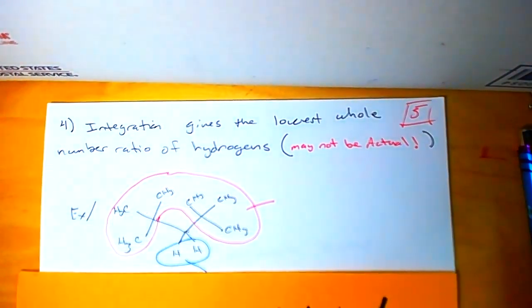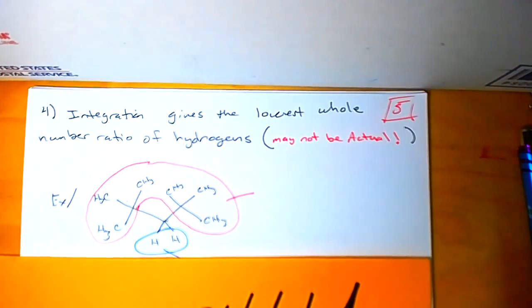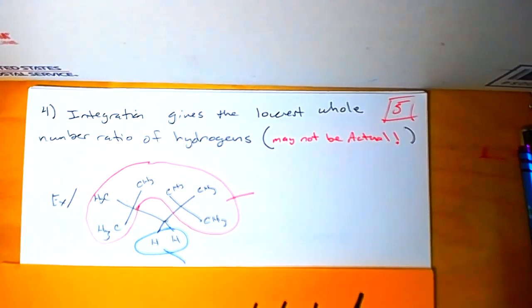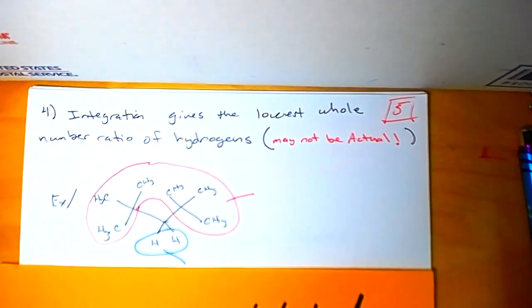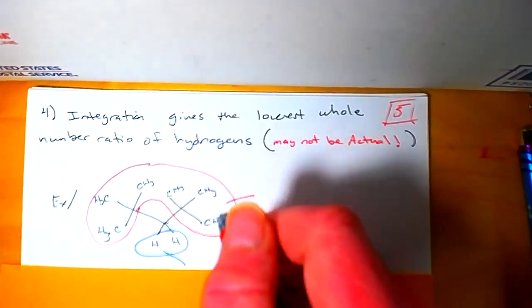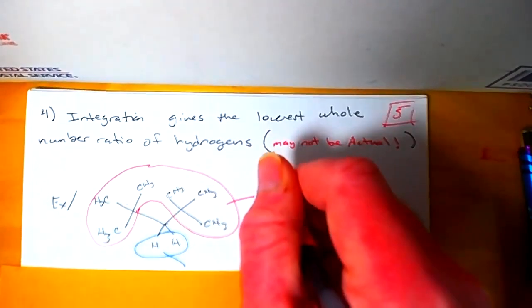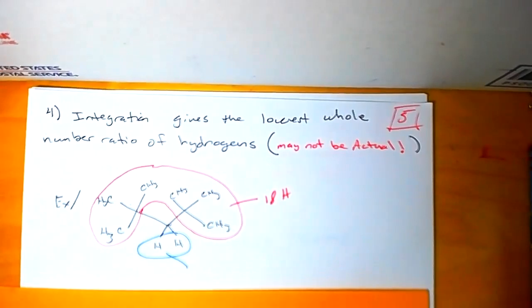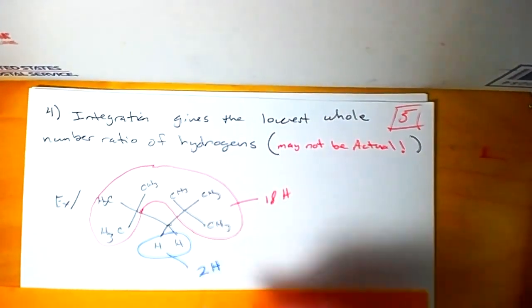So for instance, if you look at this guy right here, there are going to be 2 signals that you're going to observe. Both of those signals are going to be singlets because you're more than 3 sigma bond lengths away between the 2 sets of hydrogens. But your ratio of hydrogens here is going to be 9 and 9, as 18 hydrogens, and this one right here is going to be 2 hydrogens.